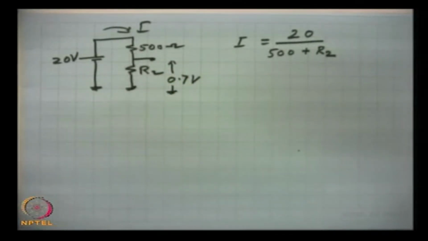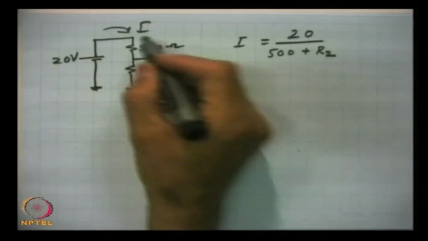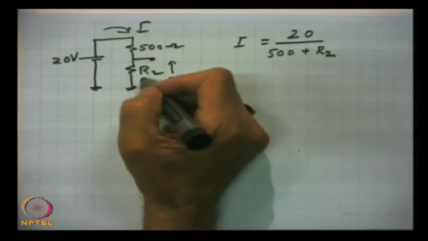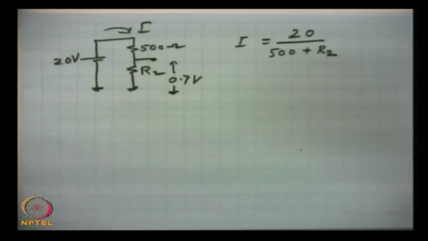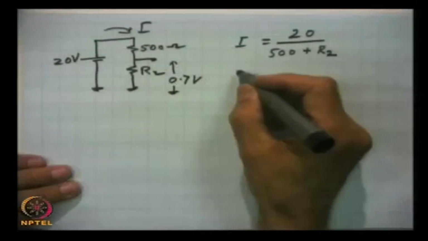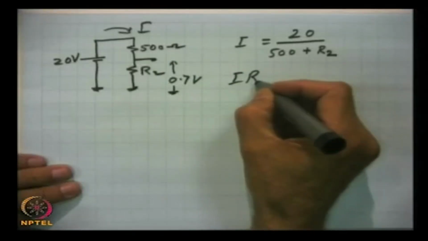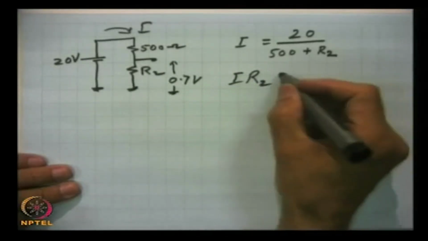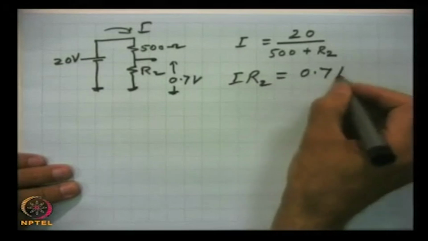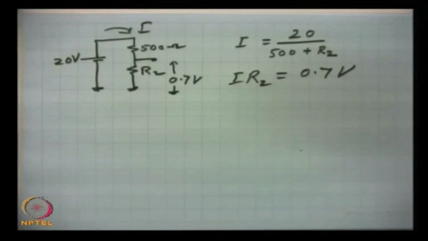In a series circuit, the same current flows, the voltages will be different. In parallel resistances, the voltages are the same, but different currents flow, mind it. So, I times R2 has to be equal to 0.7 volt.